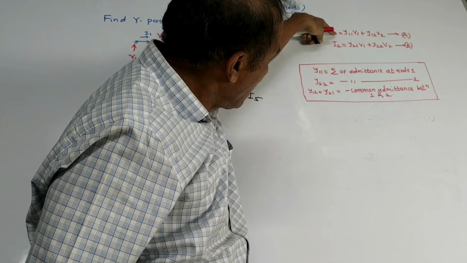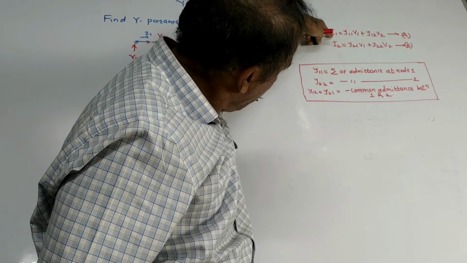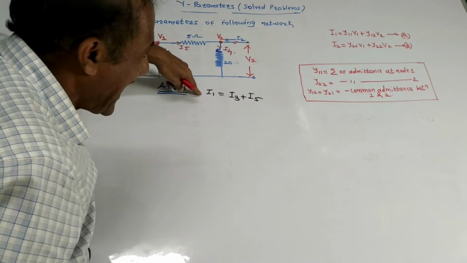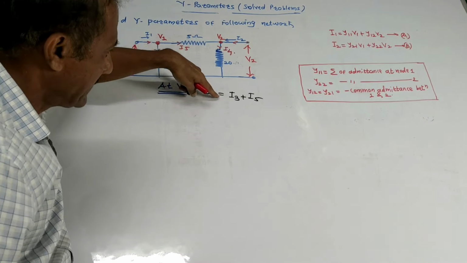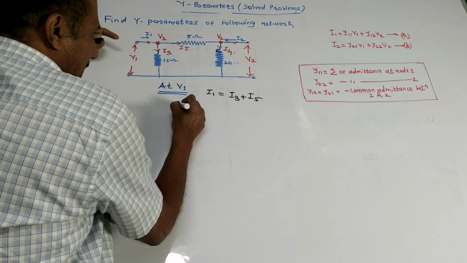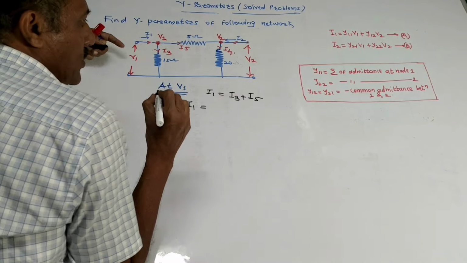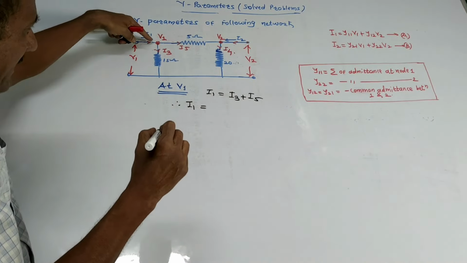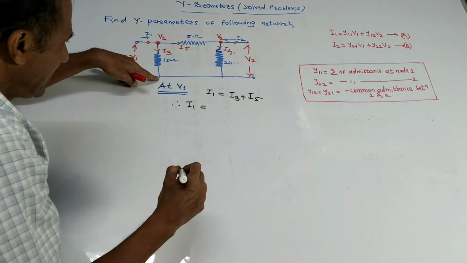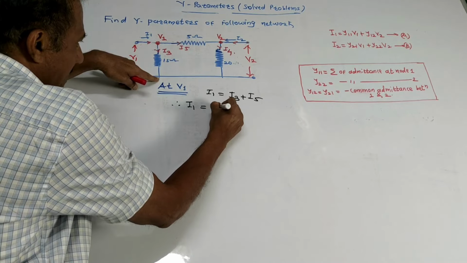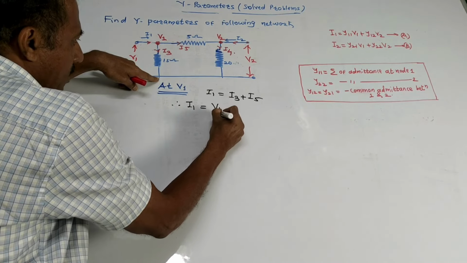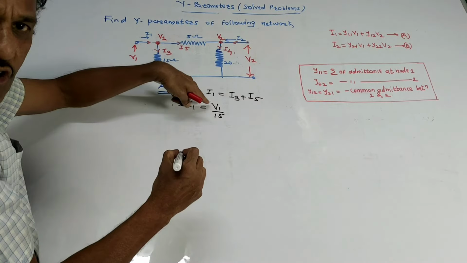At LHS we have the term I1, so we will keep this I1 as it is. We won't convert it in terms of voltage. So I am keeping LHS as it is, that is I1 equals to I3. Look at the diagram. At one end voltage is V1, another end is grounded. So it is V1 minus 0, that means V1 upon 15. This is the equation of I3.